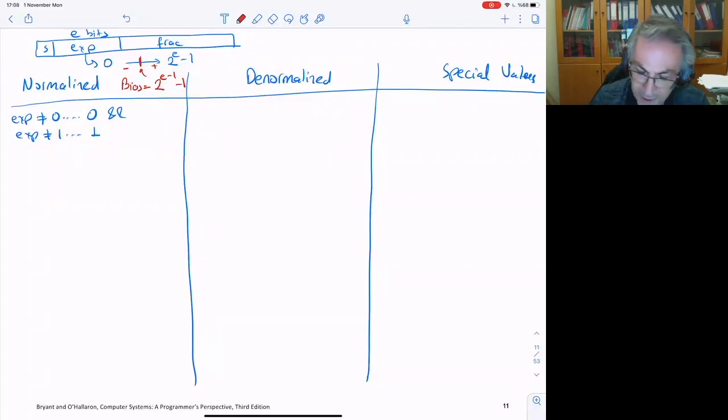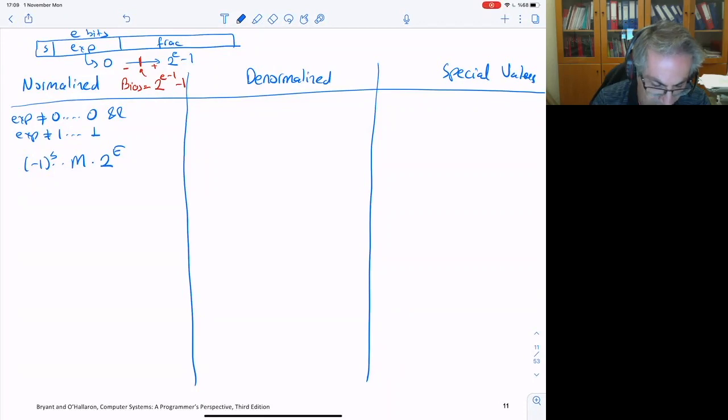In the normalized part, remember my representation is minus 1 to the power s, times m, times 2 to the power e. We know this, I know what s is, no problem. Then e and m are what I need to define.